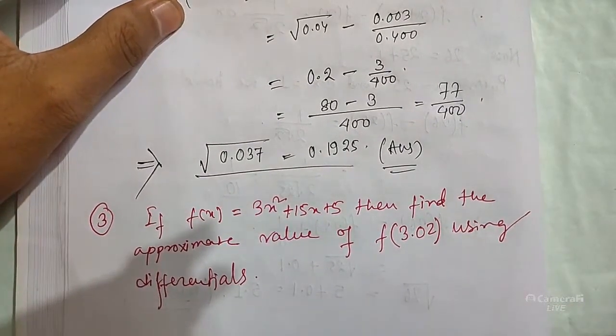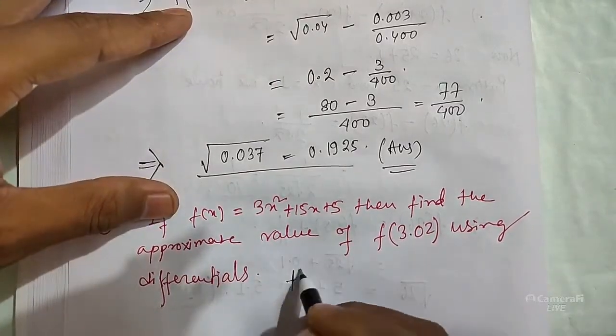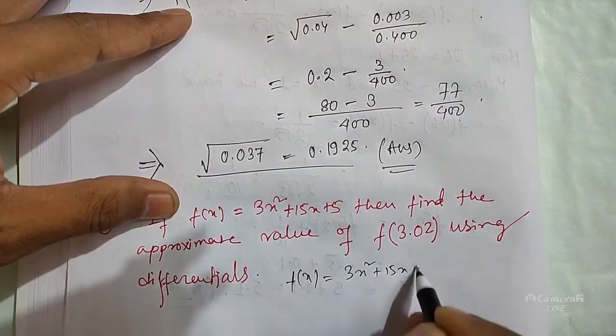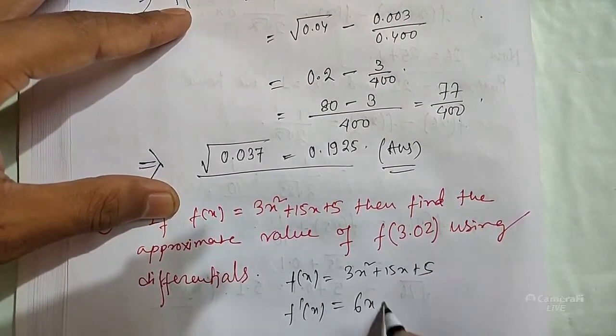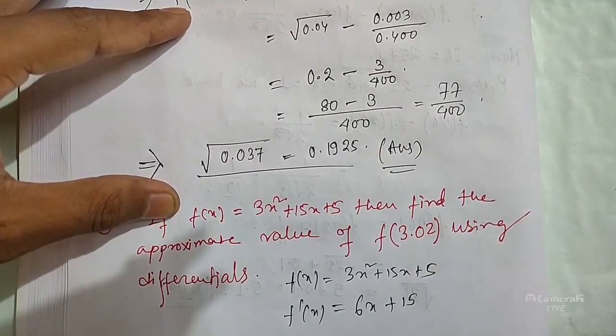So here f(x) is given, first we have to differentiate it. f(x) equals 3x square plus 15x plus 5. That means f dash x equals 6x plus 15. Now we will apply the formula. What is that formula?